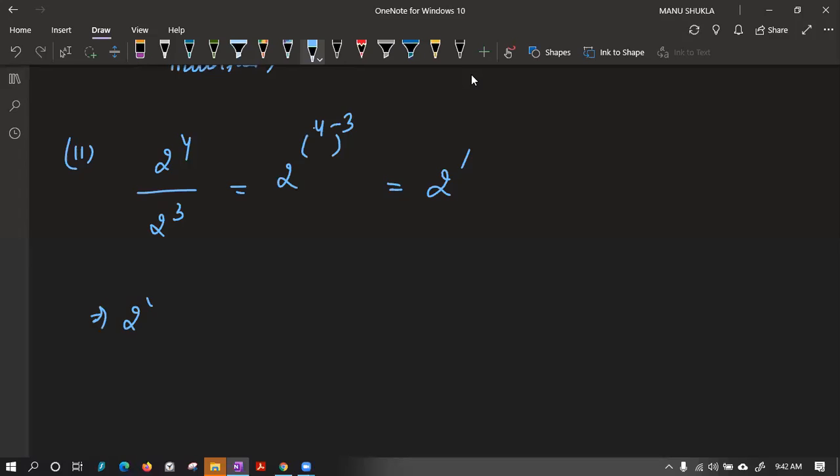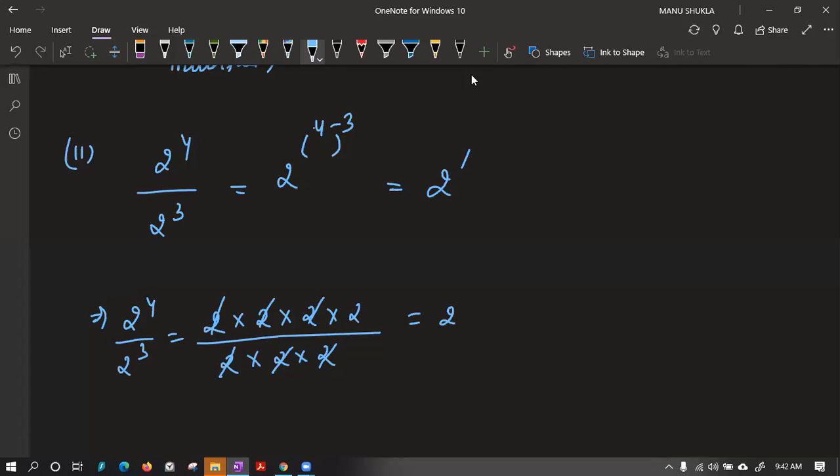Let me give you the complete solution. We can write 2 power 4 as 2 into 2 into 2 into 2 upon 2 power 3, which can be written as 2 into 2 into 2. If you solve it, what is left? 2 power 1.